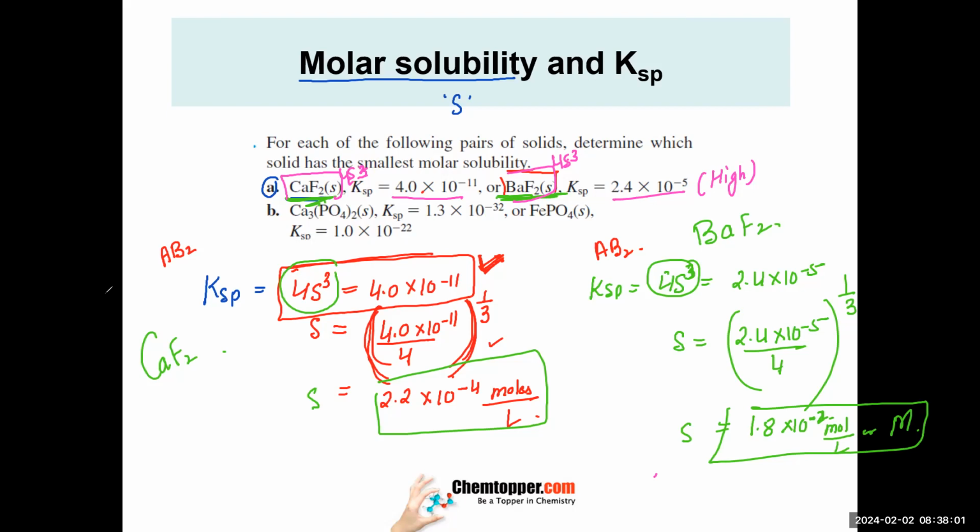right? So in the A part, please write down, you can compare Ksp values because it has the same expression, because the type of salt is same.